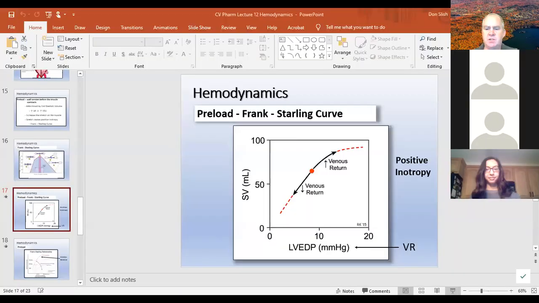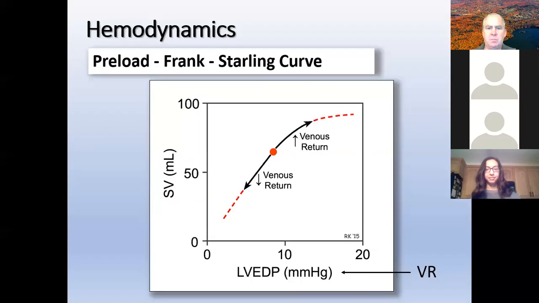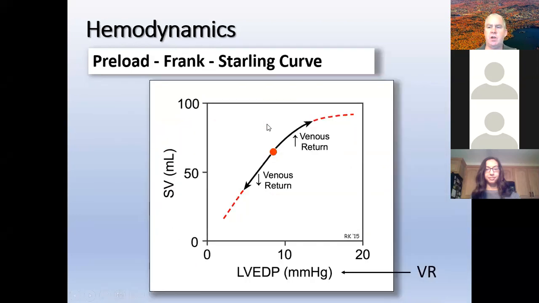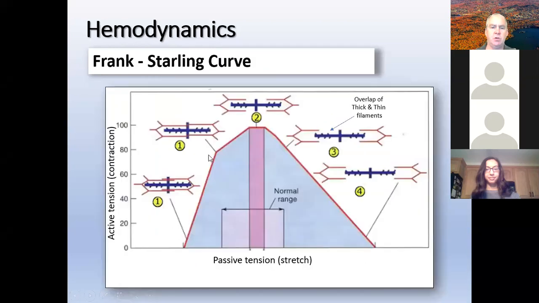Okay, here's slide 17. So what I'm trying to say here, let me back up one, is the stretch. Stretch on any muscle is going to increase its ability to contract up to a point. Here we're looking at just this part of the curve.